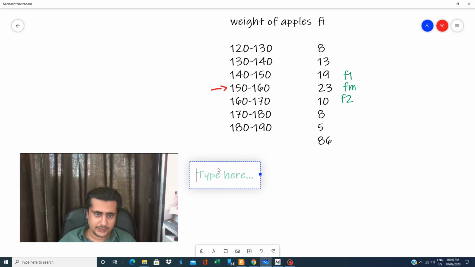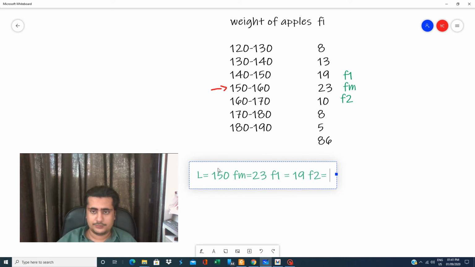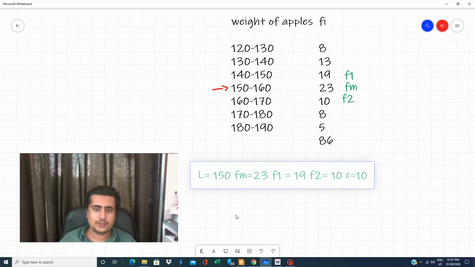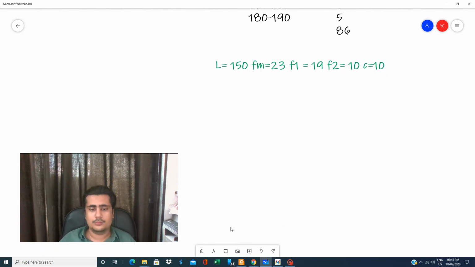So let's do one thing. Let us write what all we need in the formula. We need the lower bound, that is L. We'll need Fm. We will be needing F1. We'll need F2. We'll need the class length. We'll need all these things in the formula.